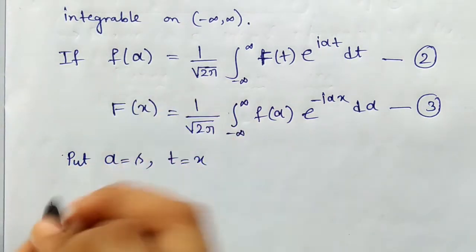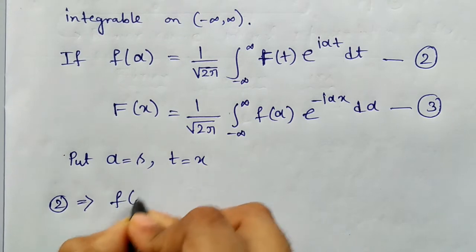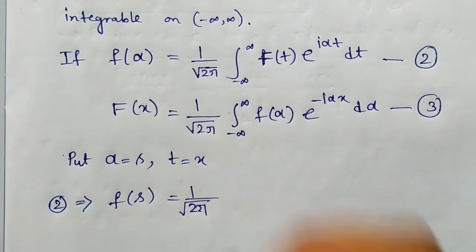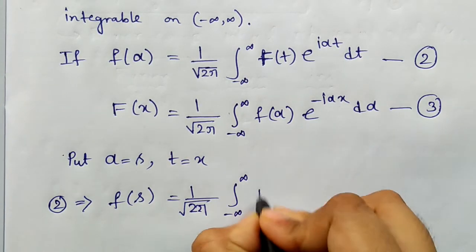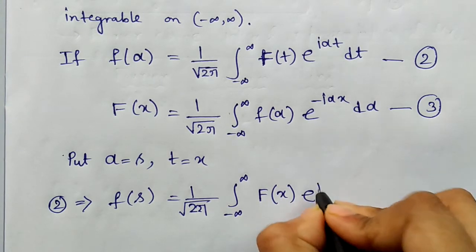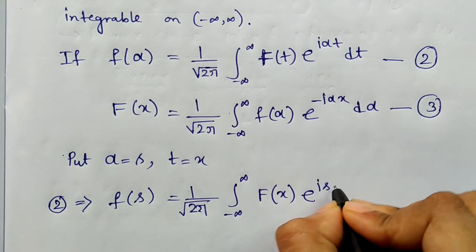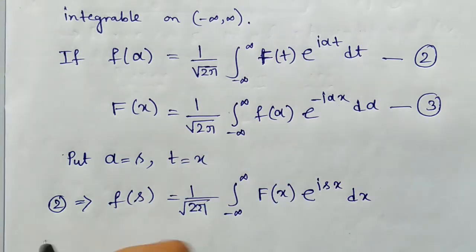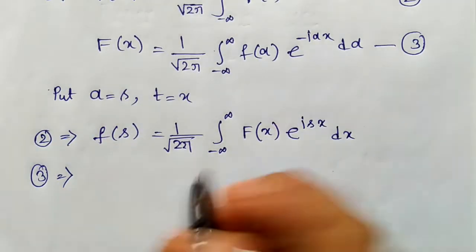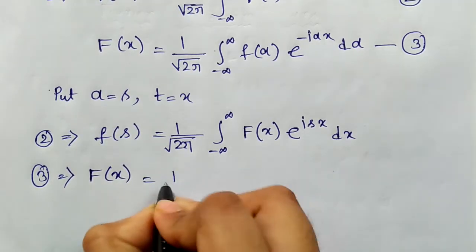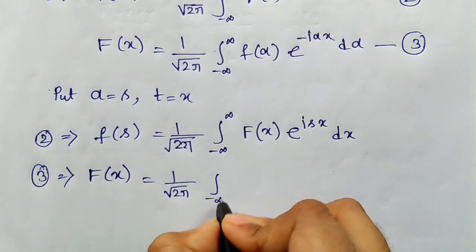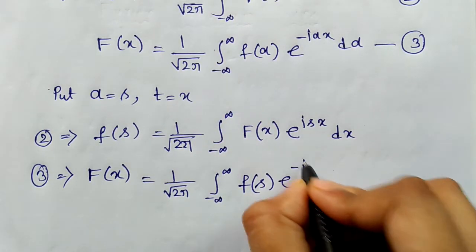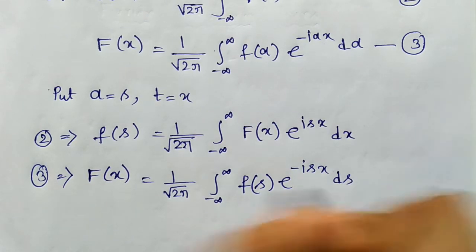Then from 2, f(s) equals 1 by root over 2 pi integration minus infinity to infinity F(x) e to the power i s x dx, and from 3, capital F(x) equals 1 by root over 2 pi integration minus infinity to infinity f(s) e to the power minus i s x ds.